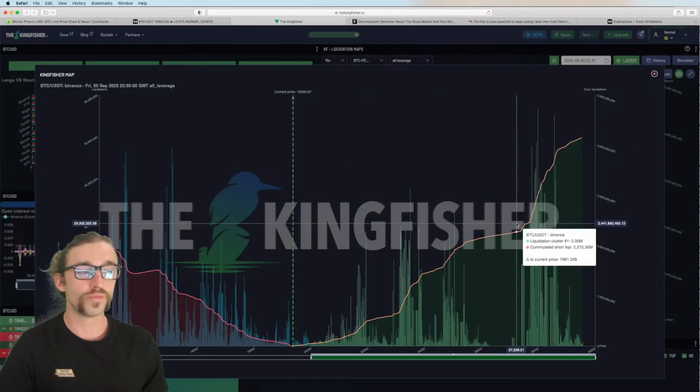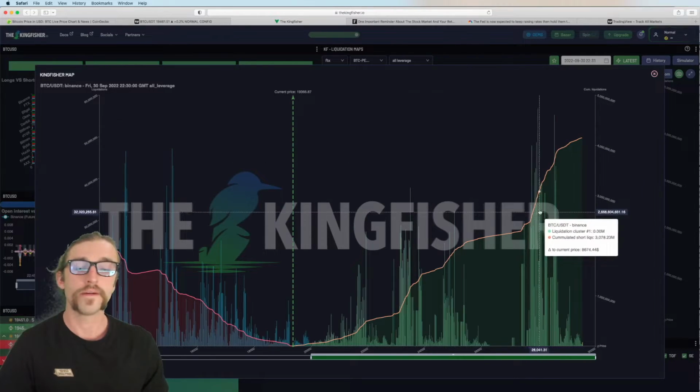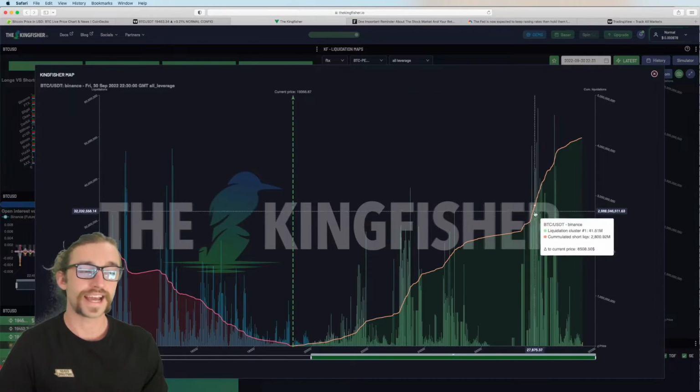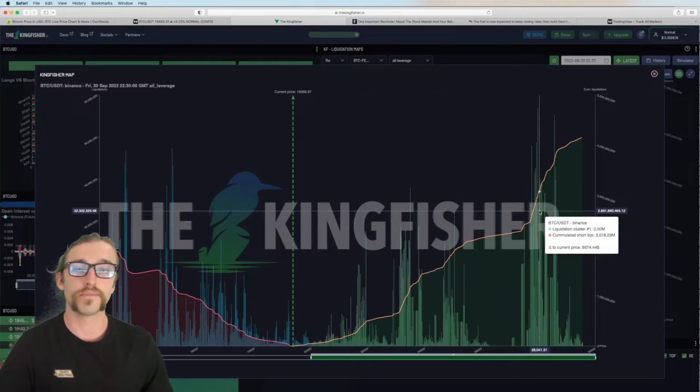So nearly $2 billion worth of liquidations would occur if the Bitcoin price moved to the 27K, 28K area. And we do have a saying at Blockchain Bulls: what would take the most amount of money from the most amount of people has the highest probability of occurring eventually.